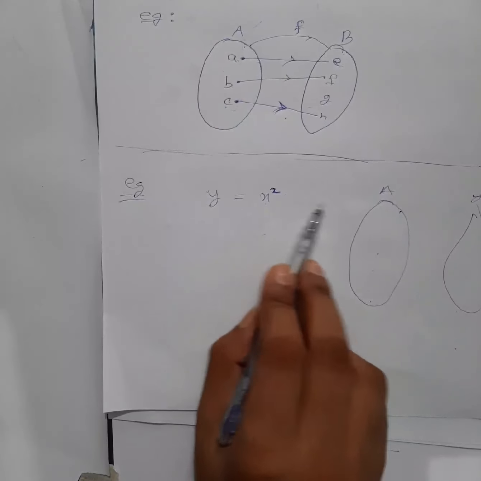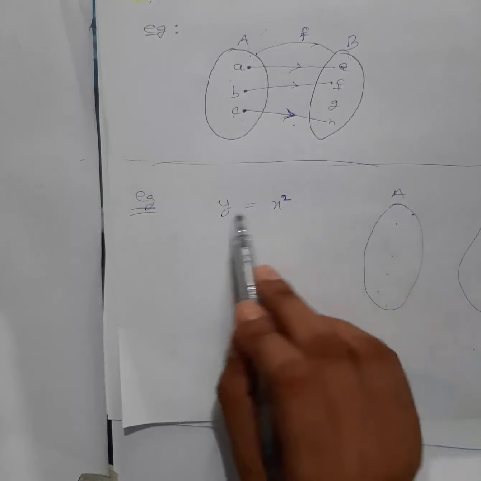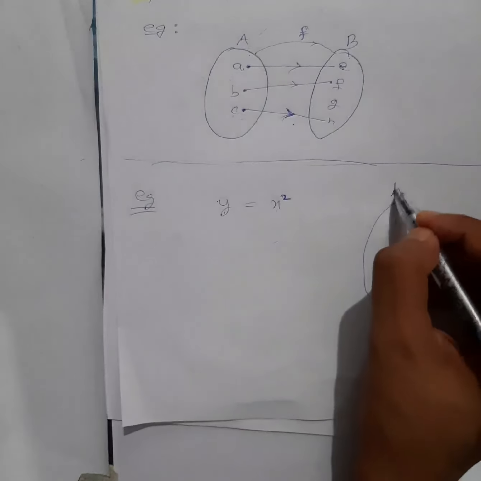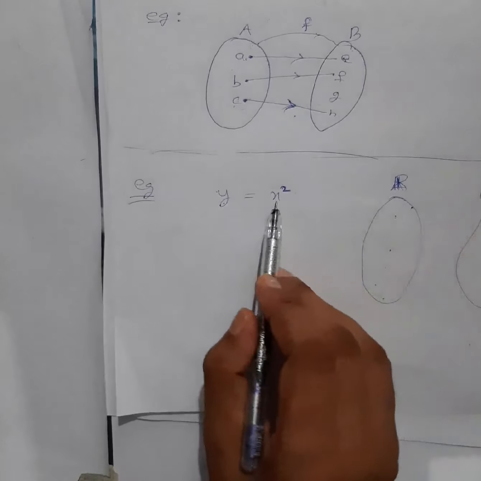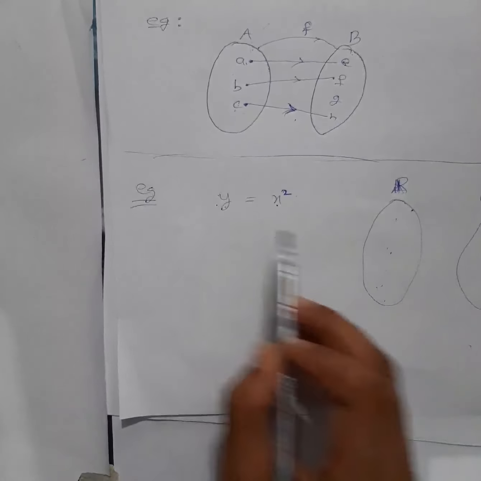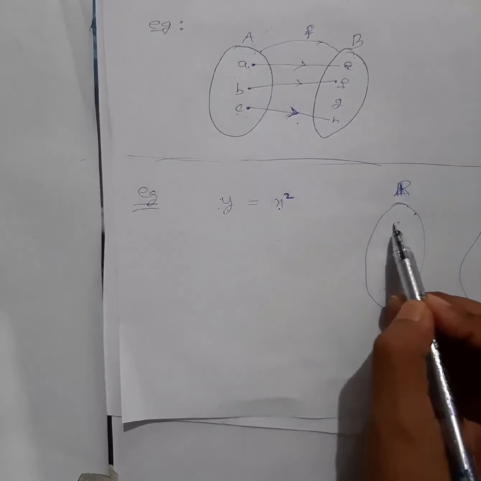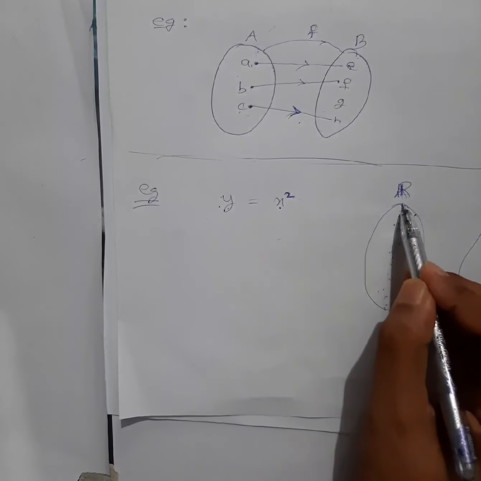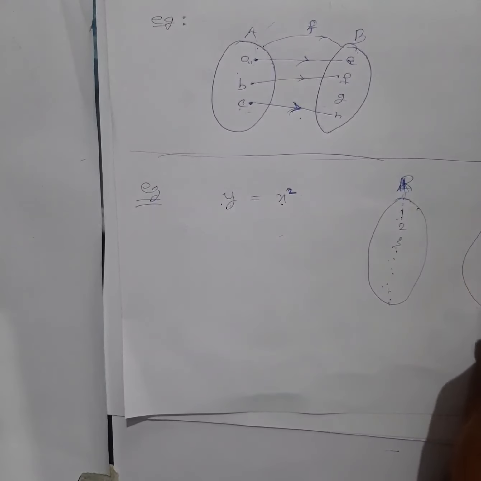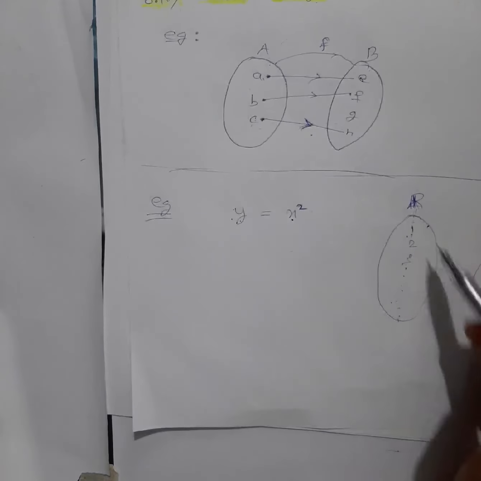Now suppose I don't mention what x will be, what y will be, then you have to understand yourself. I told you, it is a set of real numbers. If they don't mention what x to take, what y to take, then remember the set will be the set of real numbers. And the set of real numbers, you know, consists of all integers, also all rational, irrational numbers, everything will be there in this set.